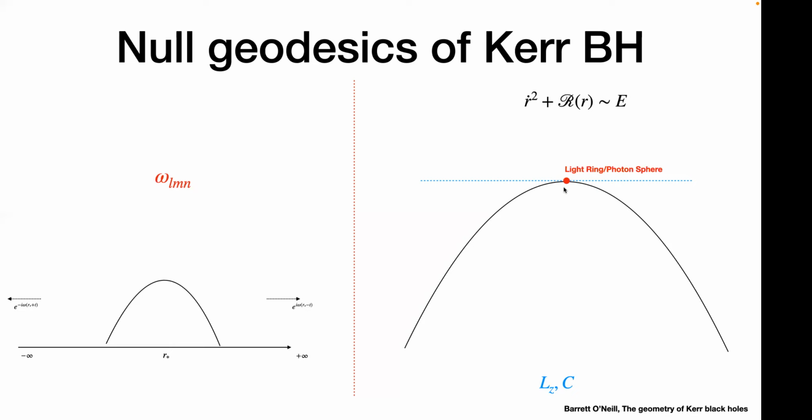So it is called the light ring or photon sphere. And since it is unstable, under some perturbations, it can either fall into the horizon or escape to infinity. And the escaping part corresponds to the ringdown observed by us.